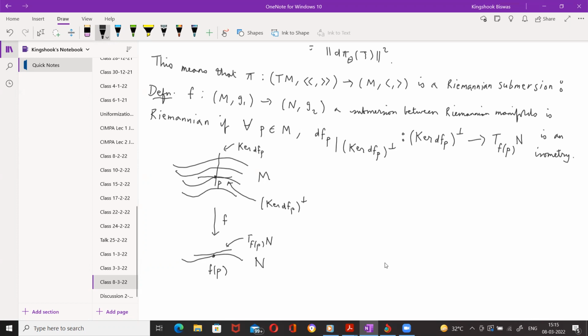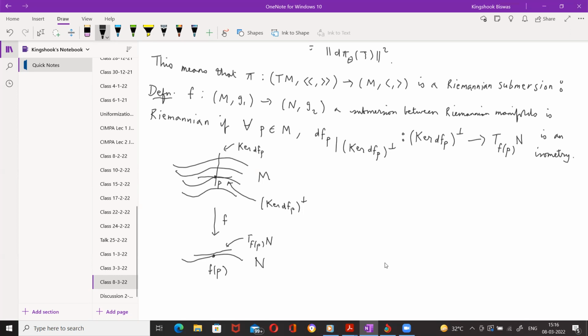In the complementary direction, you collapse lengths, right? Points map to 0 in the complementary direction. Is this clear? Yes, it is a partial isometry. You can think of it like that.